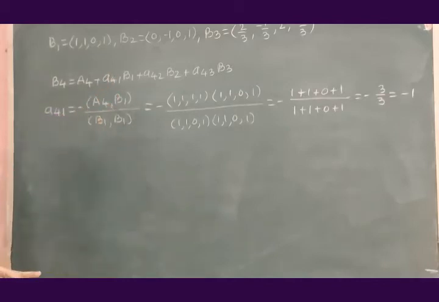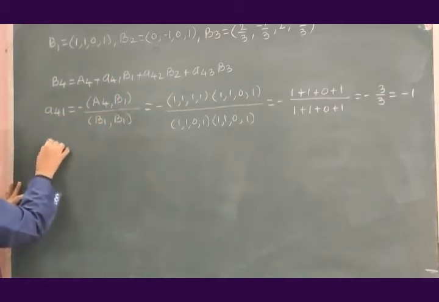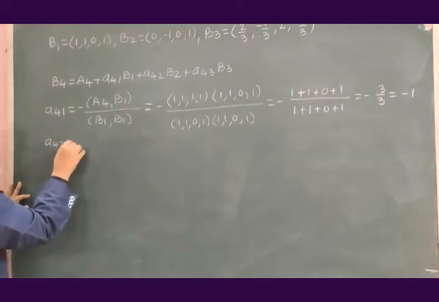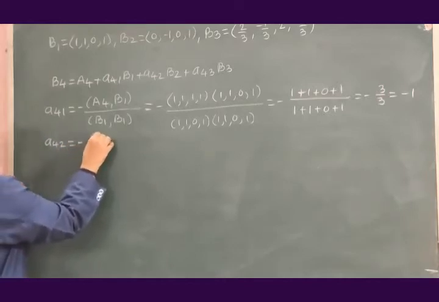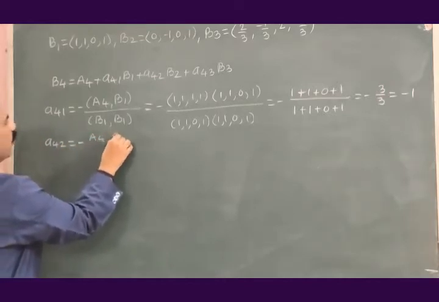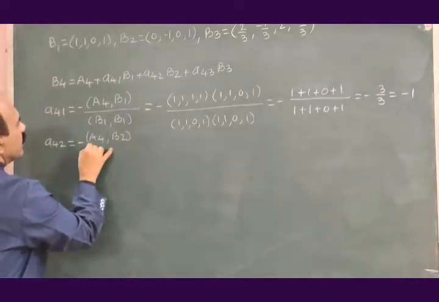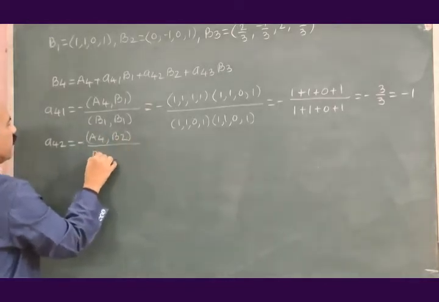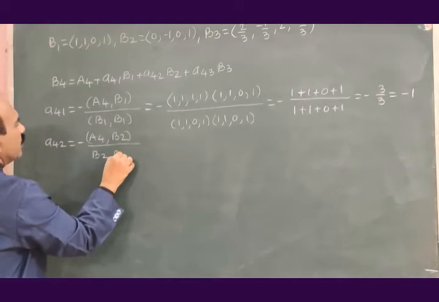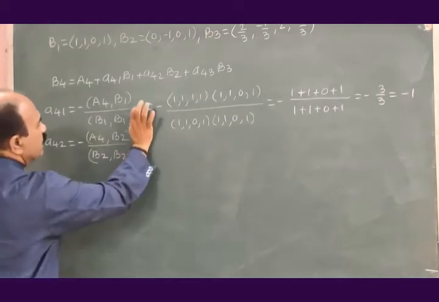Now let us find value of A42. Minus A4 comma B2, divided by B2 comma B2.